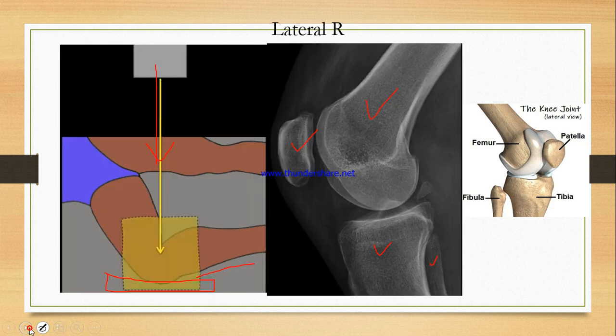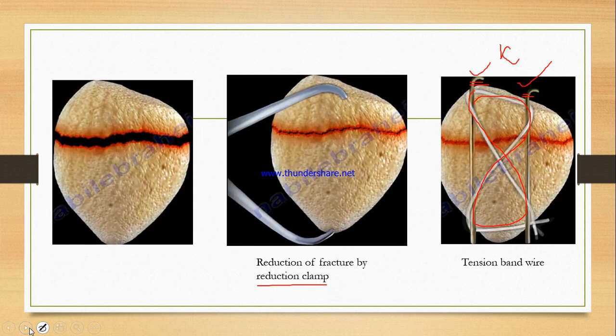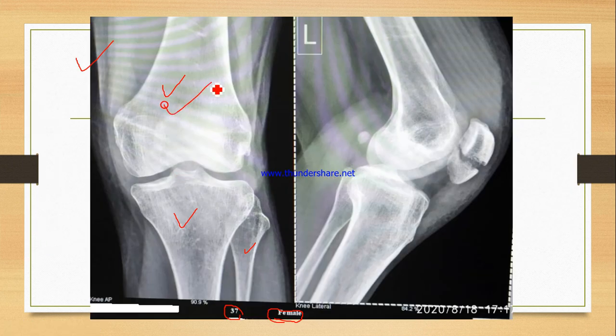Now if you see the actual case study, this is the femur, tibia, fibula. Here also femur, tibia, fibula, but in the patella you see there is a big fracture, the gap is more.